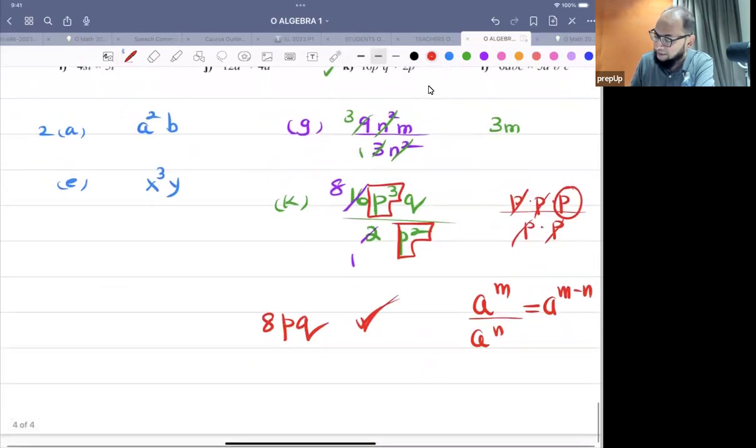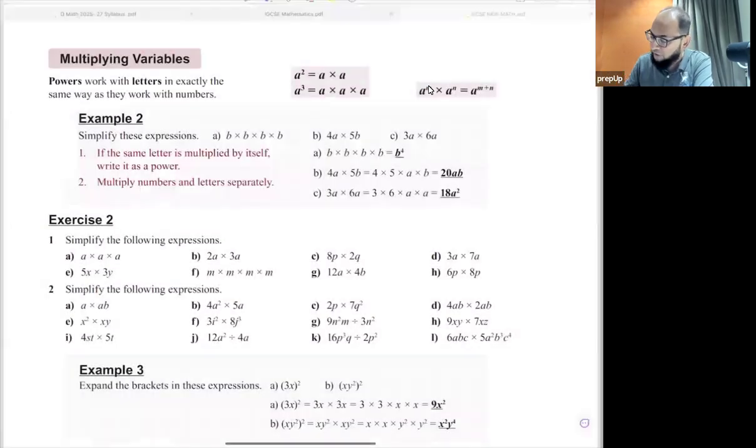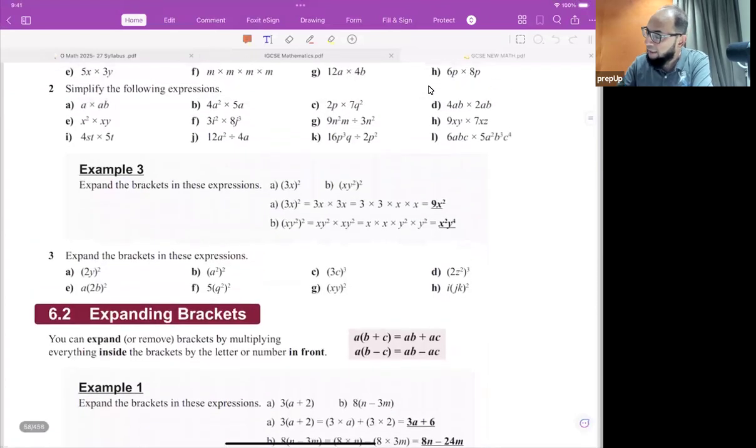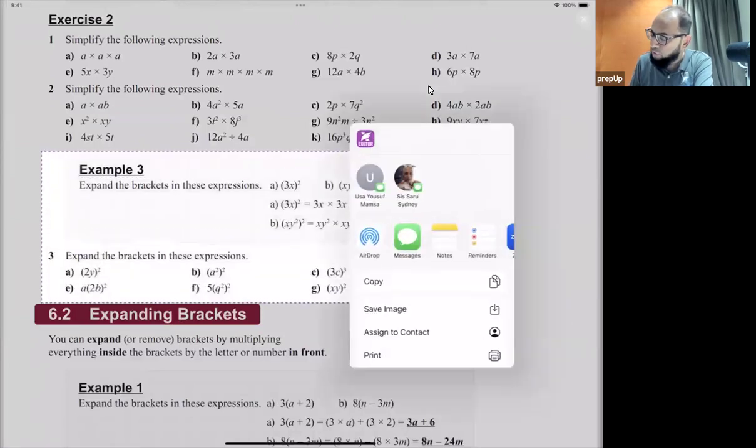Now these exercises are there for you to practice also. Let me move to the next basic thing. Now again, it's kind of the same thing, but it's about expanding using a bracket.